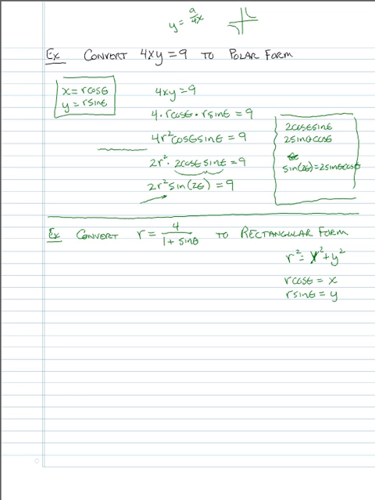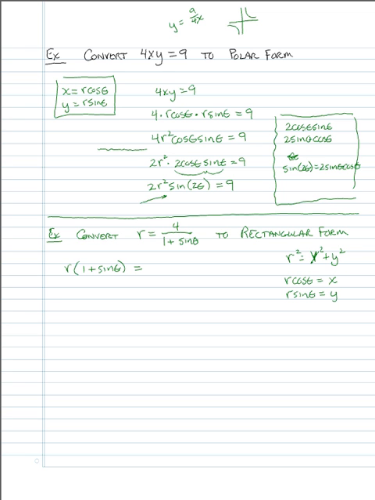So there are things that we can do, but right off the bat, we don't see anything in this first example, except what if I took that equation, and we don't like fractions, so what if I multiply both sides by that denominator? So on the left side, I'd have r times 1 plus sine of theta.